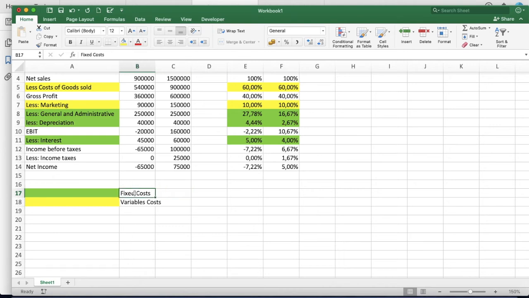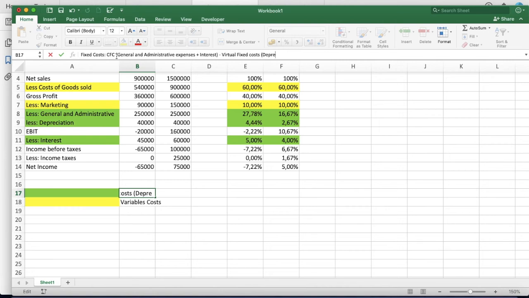So the fixed costs will be, see here, divided into cash fixed costs like general and administrative expenses, like also interest, see, and then we have what we can call virtual or fake expenses, a virtual fixed cost.